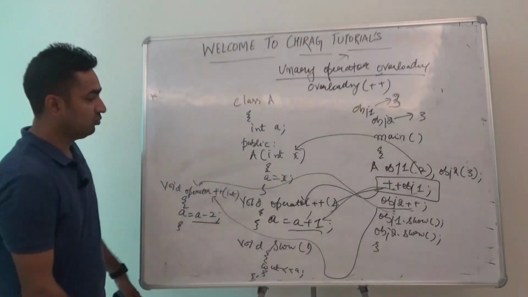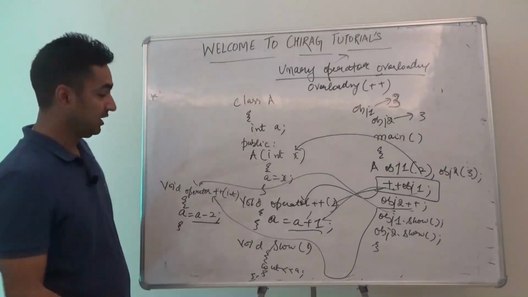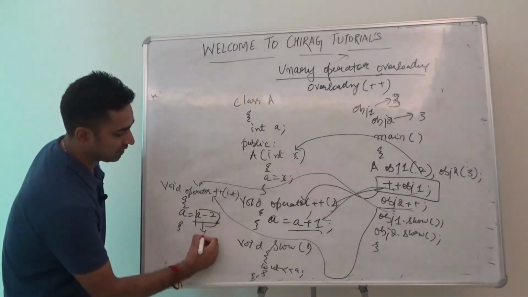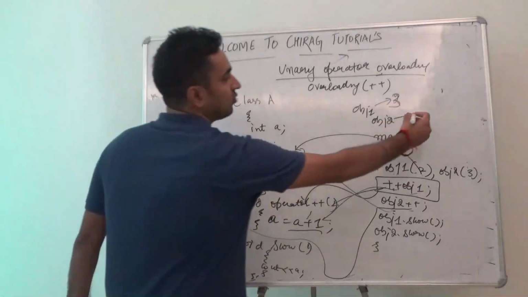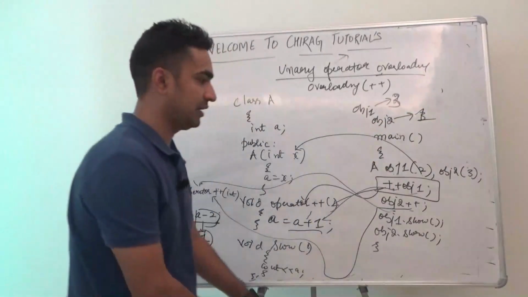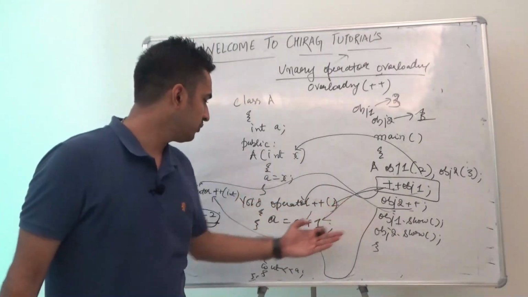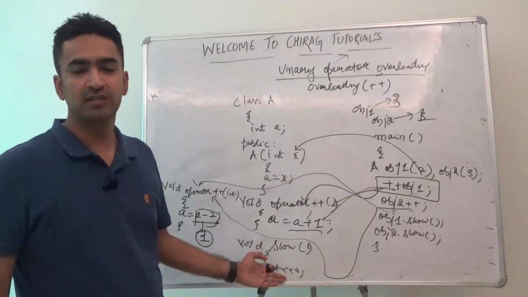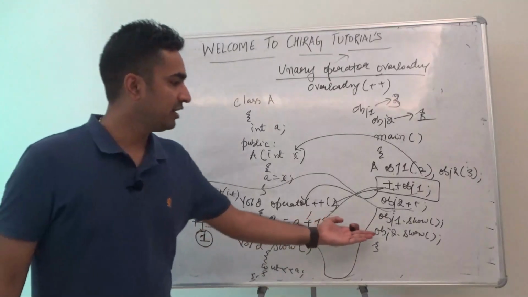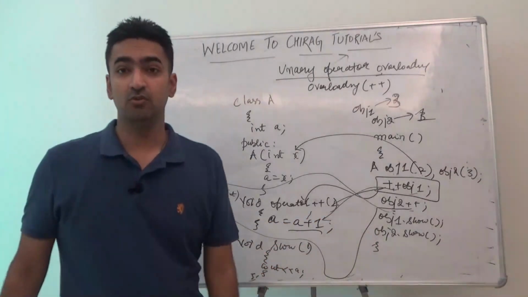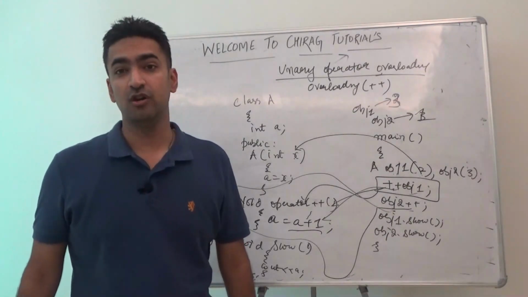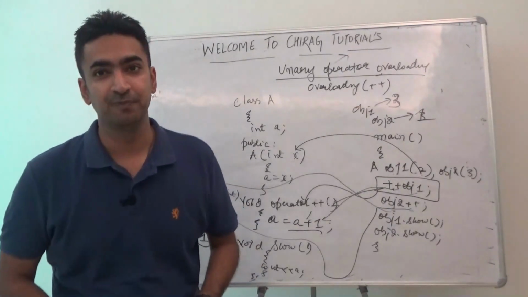So for object 2 the a value was 3, and 3 minus 2 is 1. So here the obj2 value is 1. You are writing obj1 dot show, it will display the a value for obj1 which is 3, and obj2 dot show displays the a value for obj2 which is now 1, so the answer will be 3 and 1.